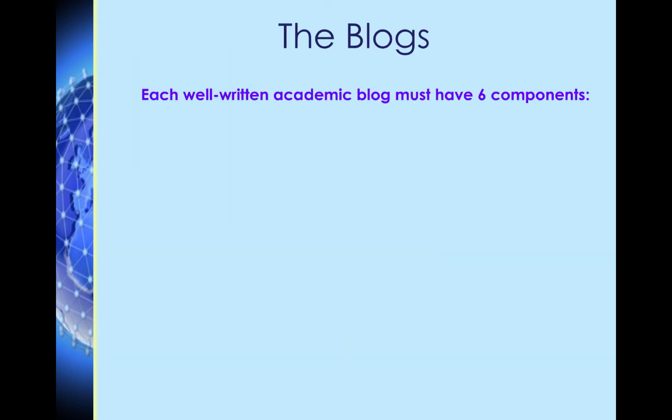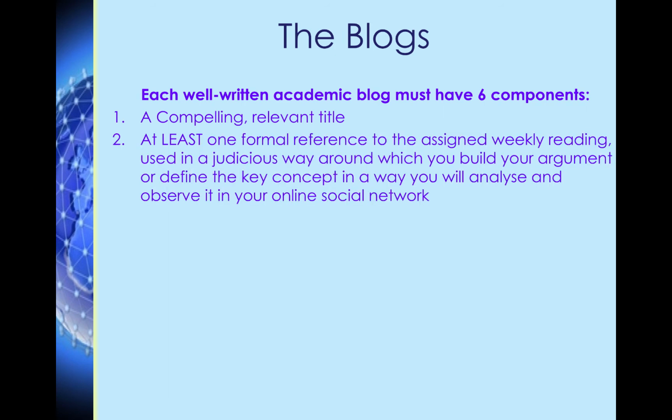So each well-written academic blog must have 6 components, remembering that 6 is the magic number in this 6 degrees of separation class. It needs to have a compelling title. It needs to be relevant as well. It needs to have at least 1 formal reference, an APA citation, to the assigned weekly reading, used in a judicious way around which you build your argument or define the key concept in a way you'll analyze and observe in your social network.